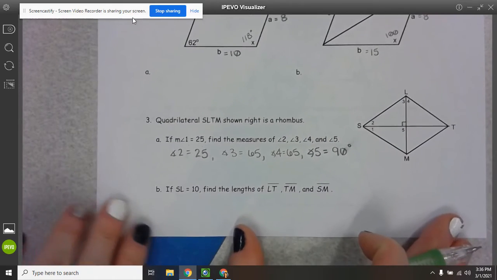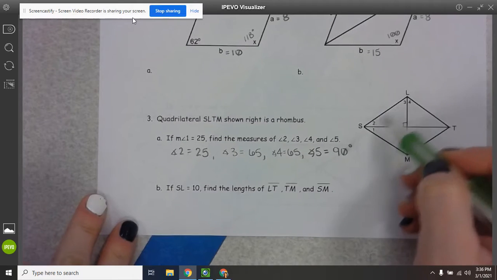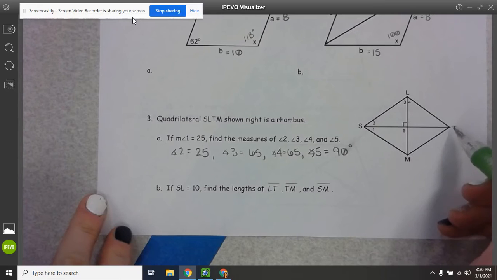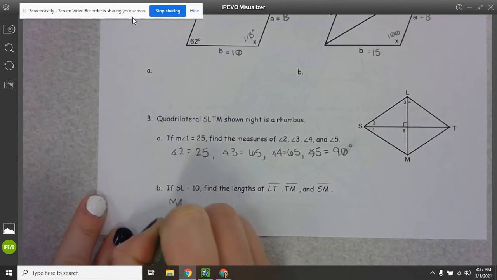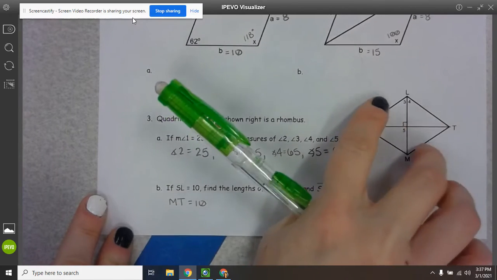All right, SL is 10. MT is 10 because those are my opposite sides.